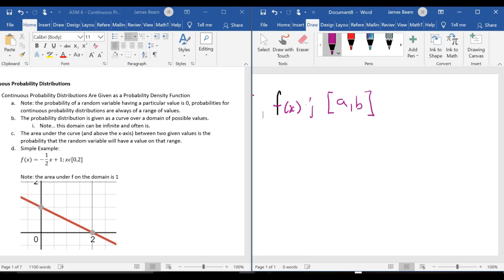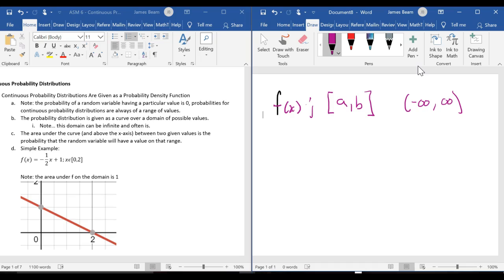It can be from negative infinity to positive infinity, like the normal curve, which is a probability density function that goes from negative infinity to positive infinity. But it doesn't have to be. It can be over a closed interval.